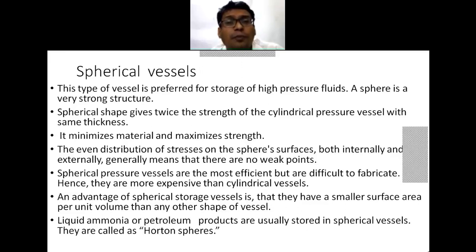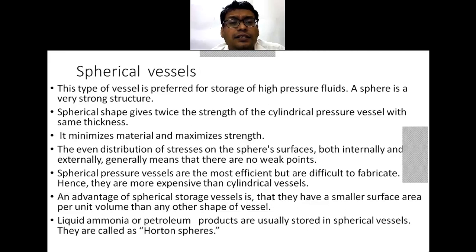That means if I have, say, a 5 mm thickness cylindrical vessel and a 5 mm thickness spherical vessel, this 5 mm thickness spherical vessel will accommodate twice the pressure in comparison with the 5 mm thickness cylindrical pressure vessel. Mathematically and formula-wise, we will study that in detail.